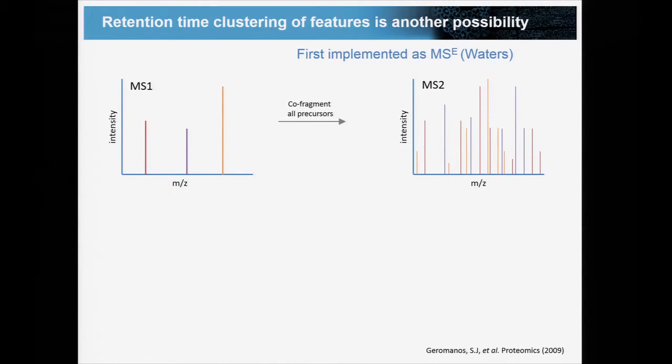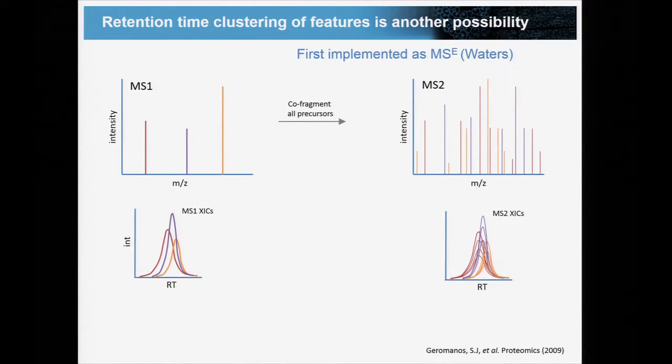What you can do is a feature finding step on both the MS1 and MS2 data, and then extract ion chromatograms on whatever you find in the feature finding step. So here are the XICs of these 3 MS1 precursor ions, and they co-elute, but they have slightly different elution patterns. Here are the XICs at the MS2 level of all these fragment ions. I've colored them in so you know what they are, but at the start we don't know what goes with what.